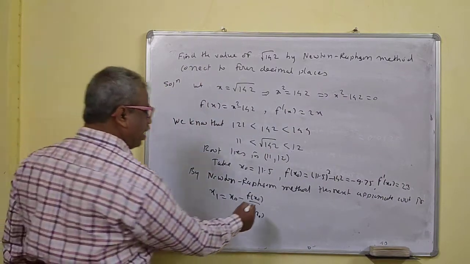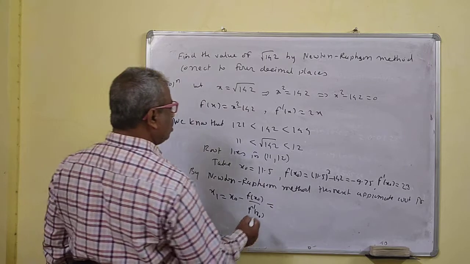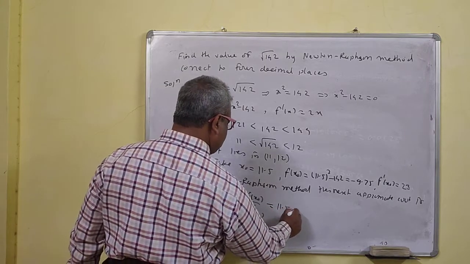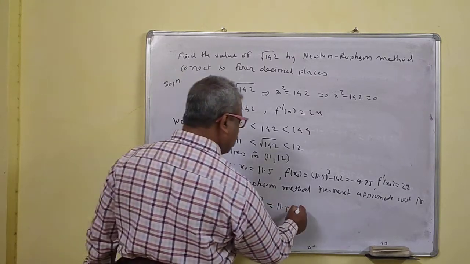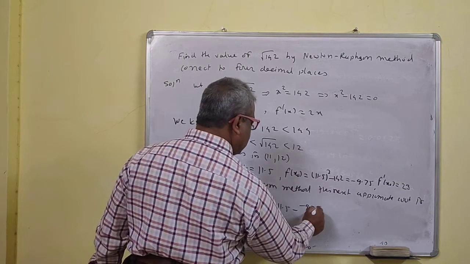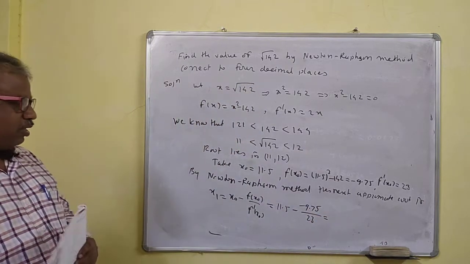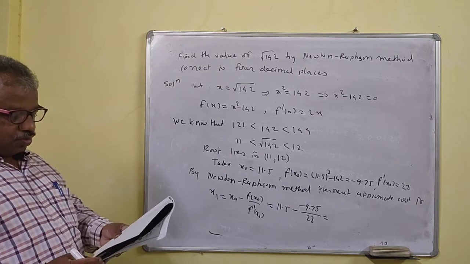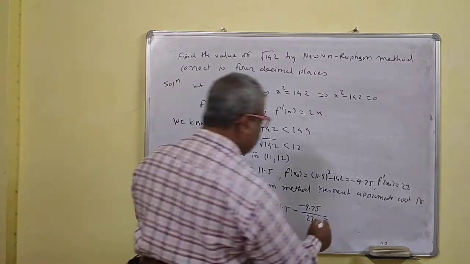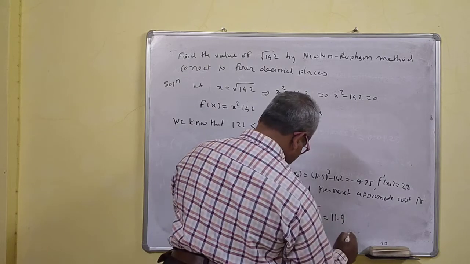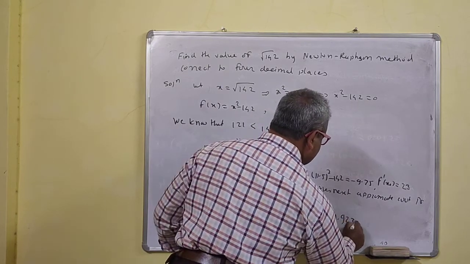Okay. So we'll put the values here now. x naught is 11.5 minus f of x naught, which is minus 9.75, upon 23. Easily you can find the value with the help of a pocket calculator also. So it will be 11.9239. Okay.